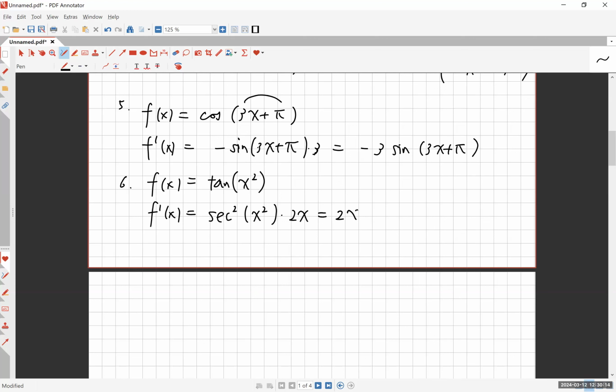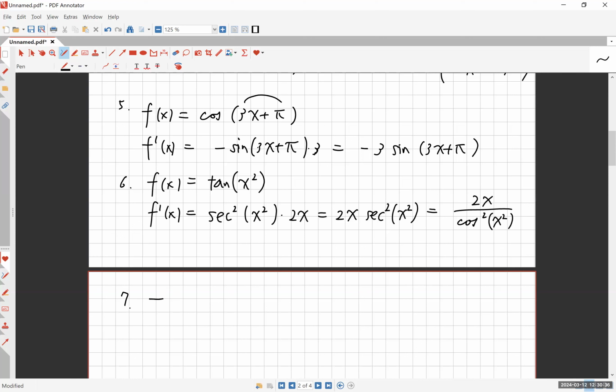So the answer is 2x secant squared of x squared. Now, that's one way to write that. If you want to, you can rewrite this as 2x over cosine squared of x squared. So either one would be okay. Again, it does not matter.